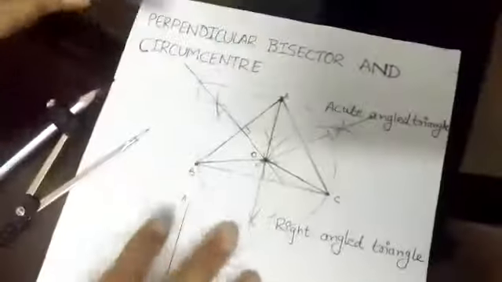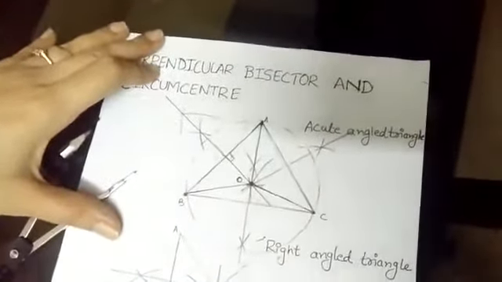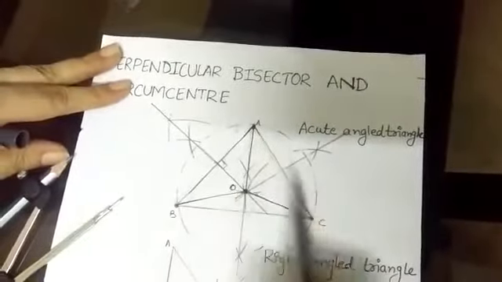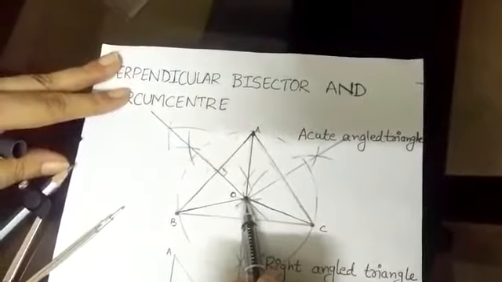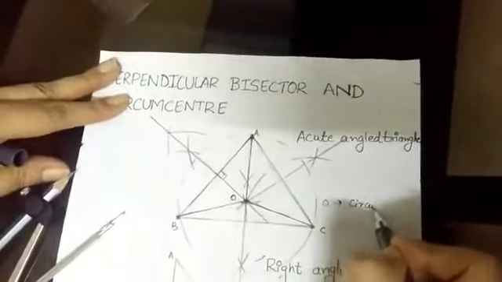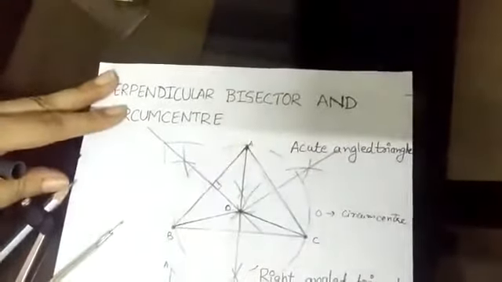Now, observe this circle. This circle, that is the circumcircle, touches all three vertices of this triangle, A, B and C, and O is known as the circumcenter. You have taken OA as the radius to draw this circle.